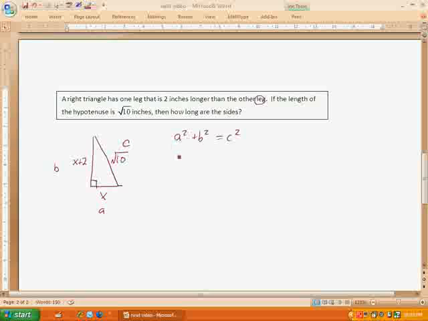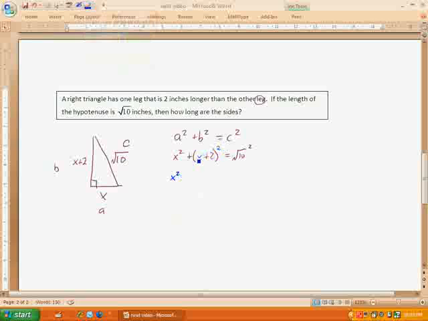Okay, so I'm going to have x squared plus, now when I put b in, I'm going to put it in parentheses because I need to show that that whole thing is being squared, equals the square root of 10 squared. Okay, now here we've got a couple of interesting things going on. The x squared is obviously just x squared.